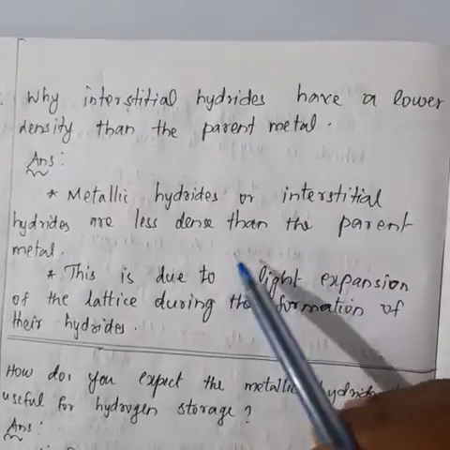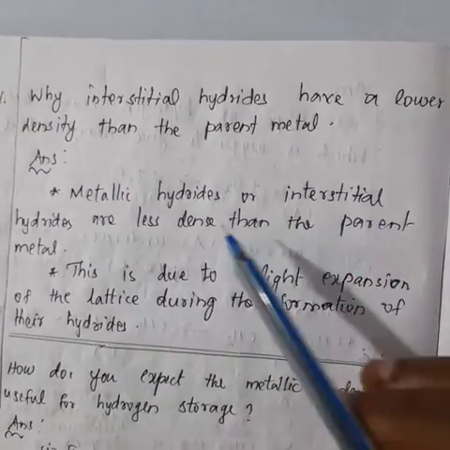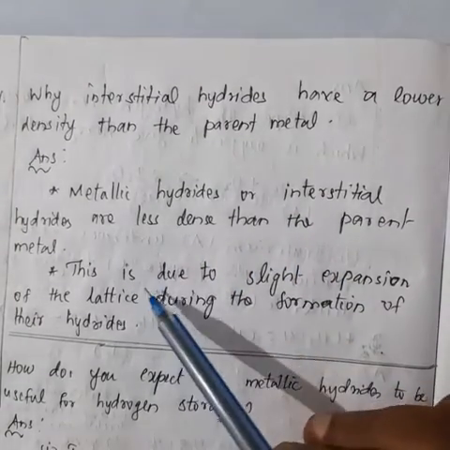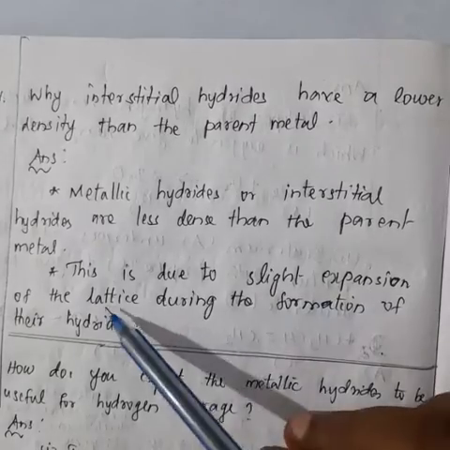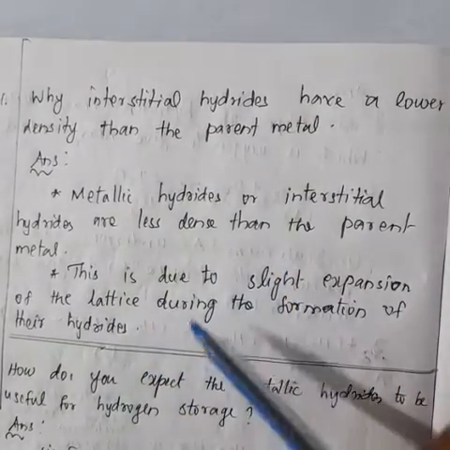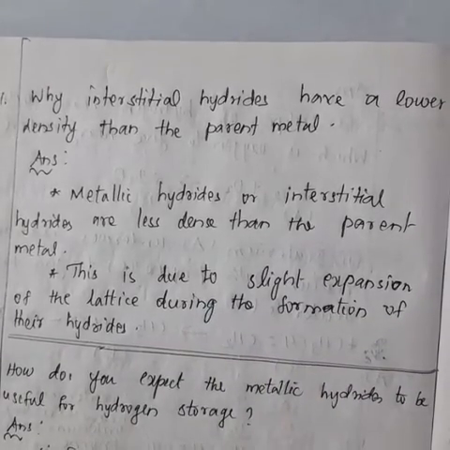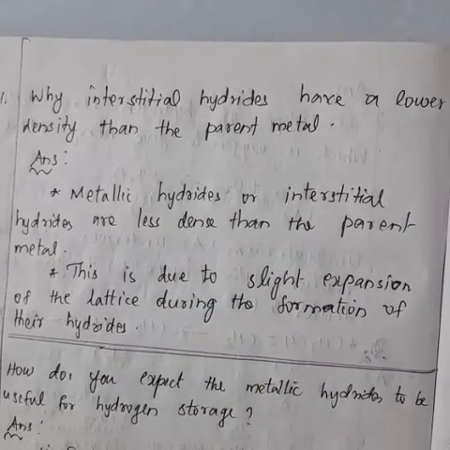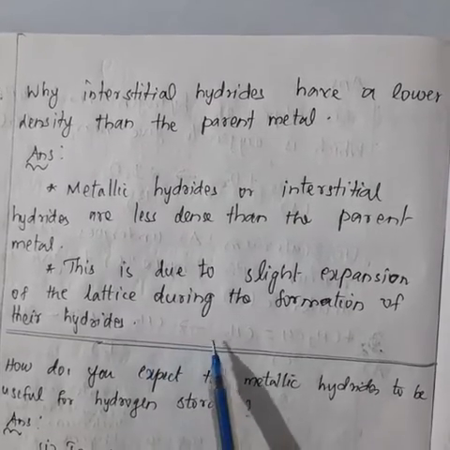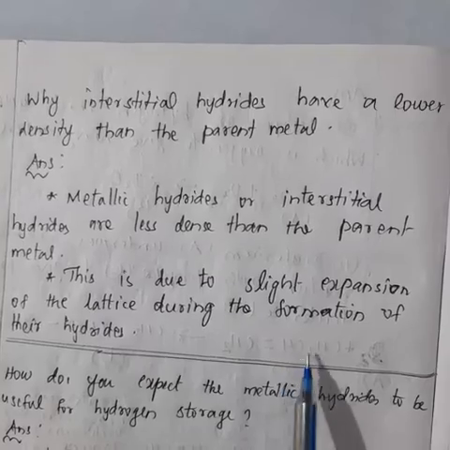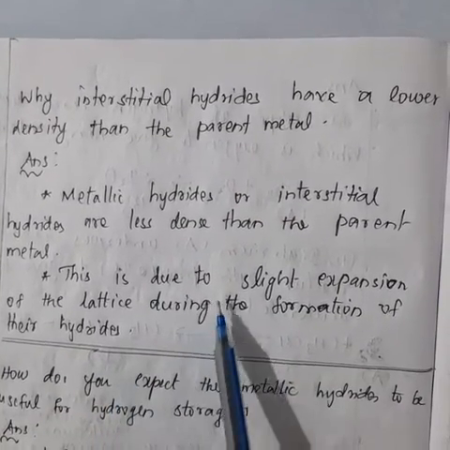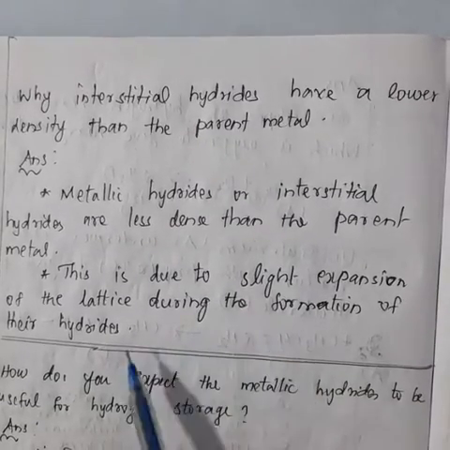This is due to the slight expansion of the lattice during the formation of their hydrides. When hydrogen atoms occupy the interstitial positions of the metal, a slight expansion of the lattice takes place in the metallic crystal. That's why it is less dense than the parent metal. Understood?